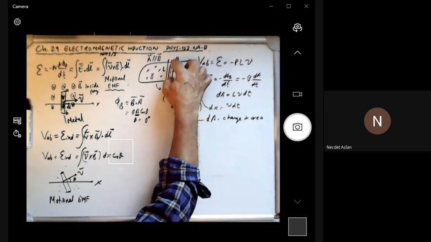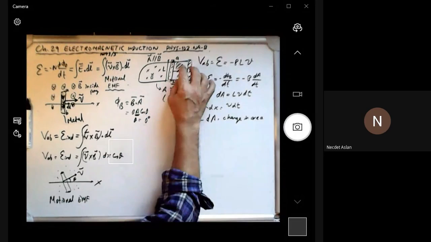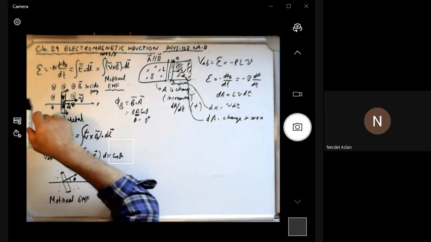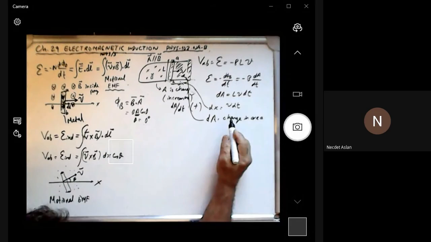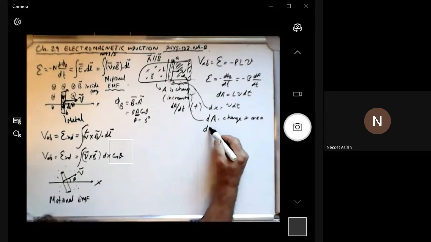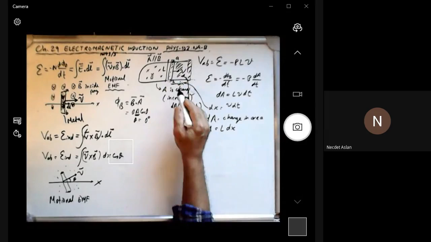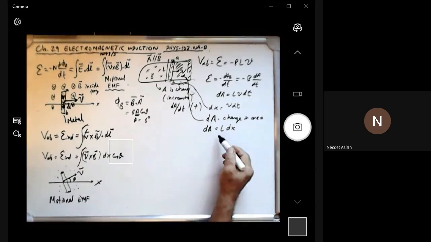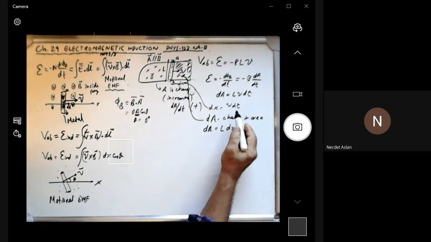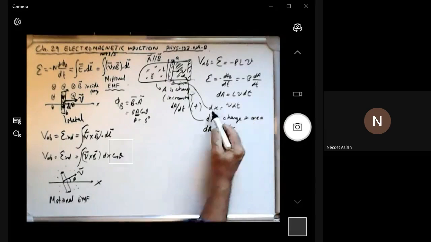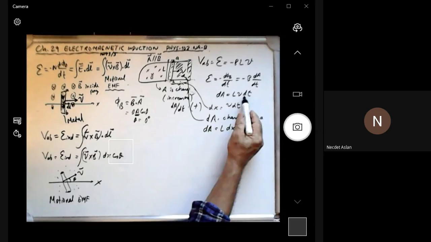If you subtract the big area minus the small area, you get only this little change in the area. So dA is nothing but just L times dx, because this is a rectangular area. This side is dx and this side is L. Obviously, it's just dA equals L times dx. This is how we came up with this expression, because dx is written as v dt, and then L is there.